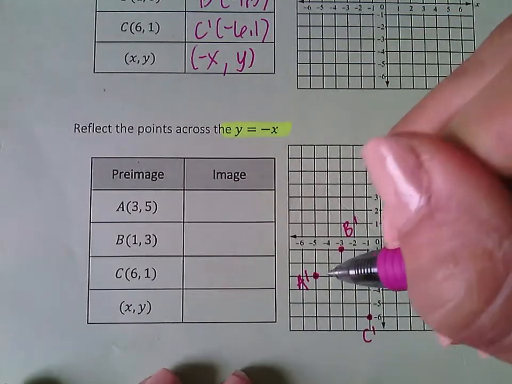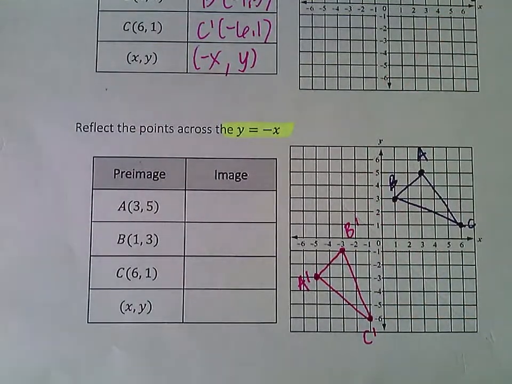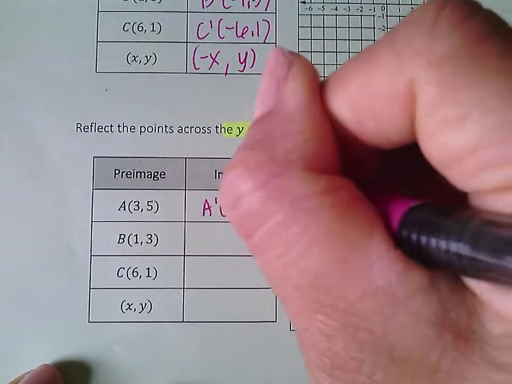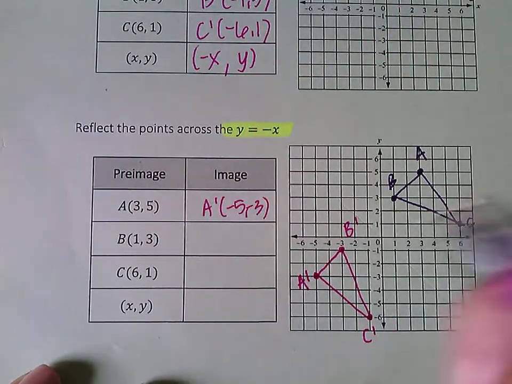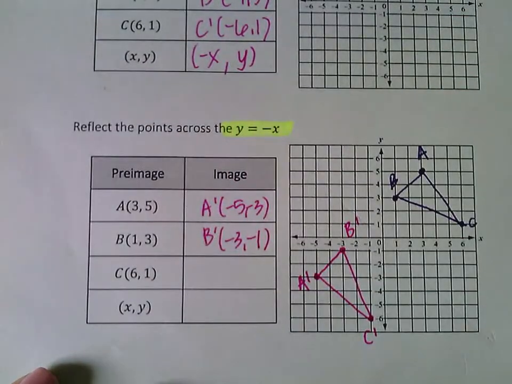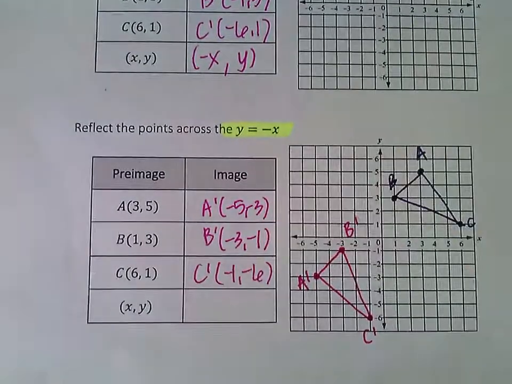I'm going to go ahead and connect my points to form my new triangle. I'm going to write down the coordinates. A prime is at negative 5, negative 3. B prime is at negative 3, negative 1. C prime is at negative 1, negative 6.